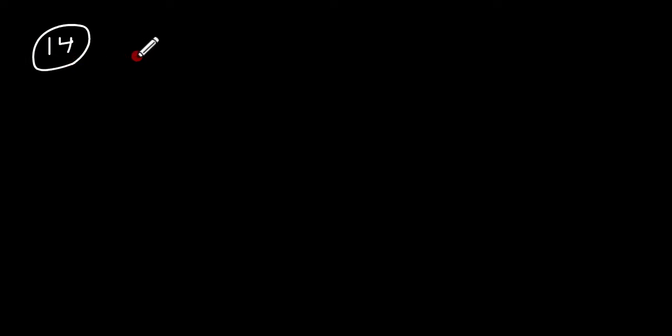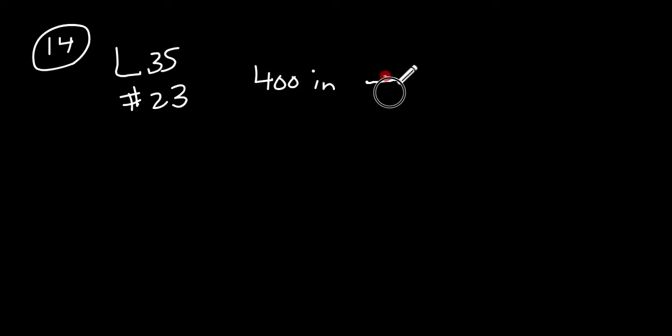14 is from lesson 35, number 23. I need to look that one up in the book. 3523. It says we're going to use 2 unit multipliers to convert 400 inches into yards.